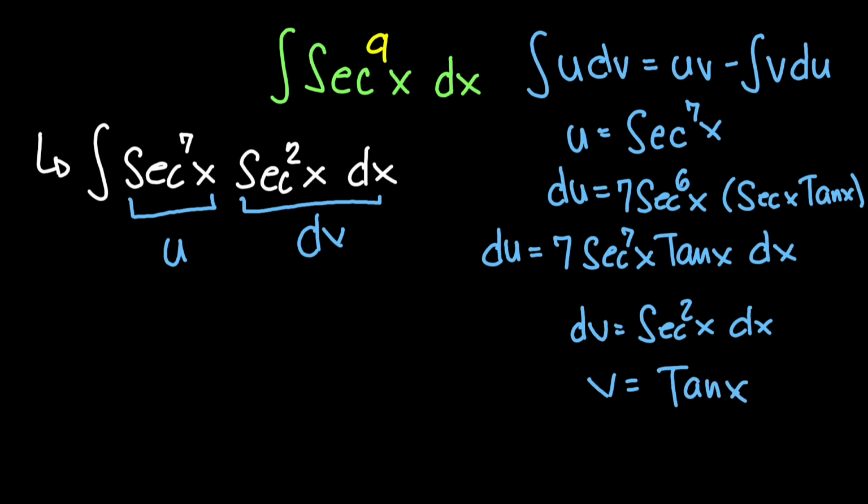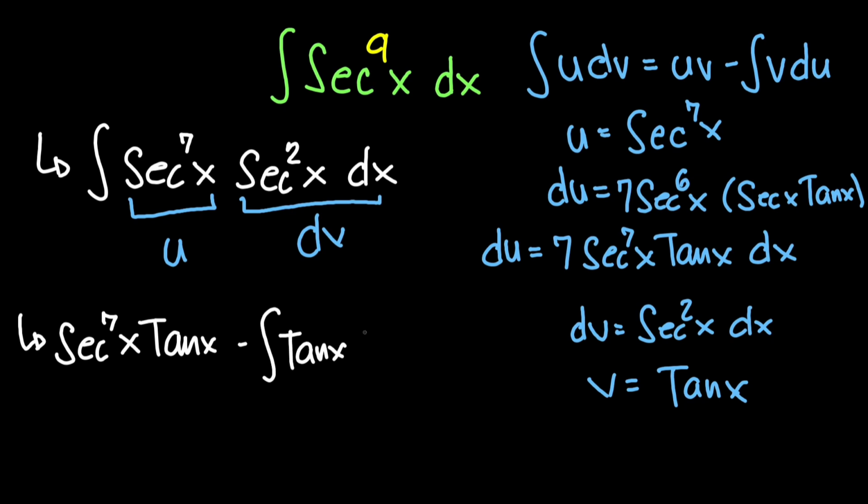Now that we have our values in here, let us now substitute them according to our formula. In our case, first up would be u multiplied by v. U here in this case would be secant to the power 7 of x, and v here would be equal to tangent of x, minus the integral of v du. V in this case again would be tan of x, and du right here would be equal to this value.